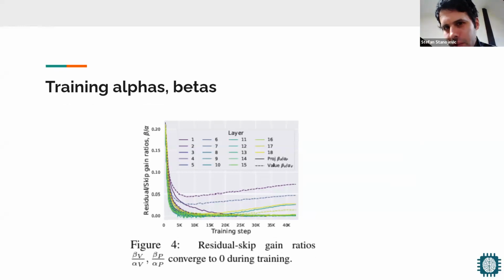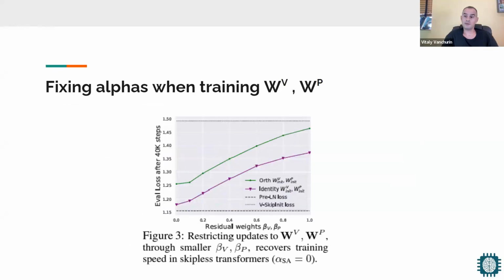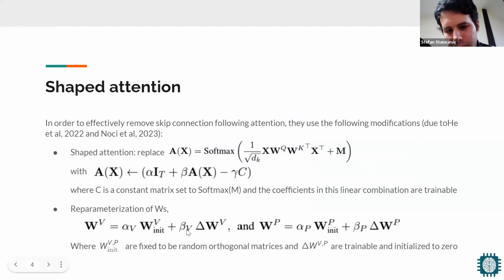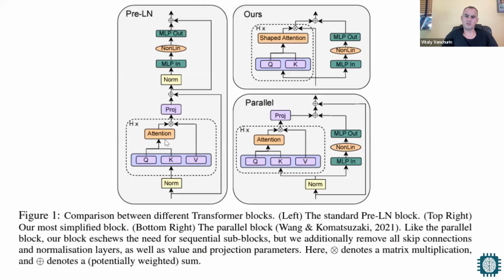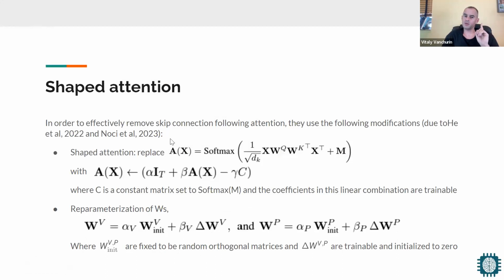They completely kill them. They kill it. So if we kill betas, then WV and WP will be orthogonal. And if you look at what they do, sorry, orthogonal but not trainable, or trainable as well?